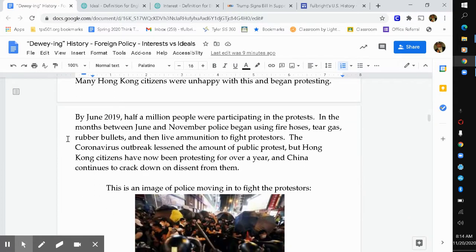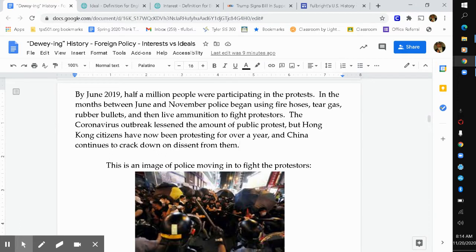This results in massive protests. June of 2019, 500,000 people were protesting in the streets. Police began using fire hoses, tear gas, rubber bullets, and then live ammunition to fight the protests. The coronavirus, not the Chinese government, kind of led to the number of protests going down.